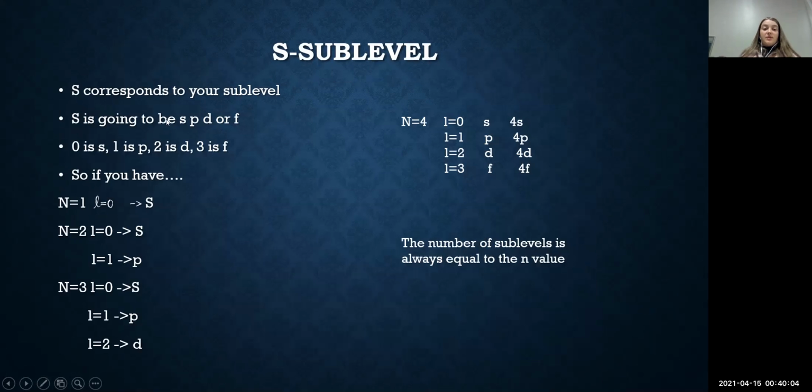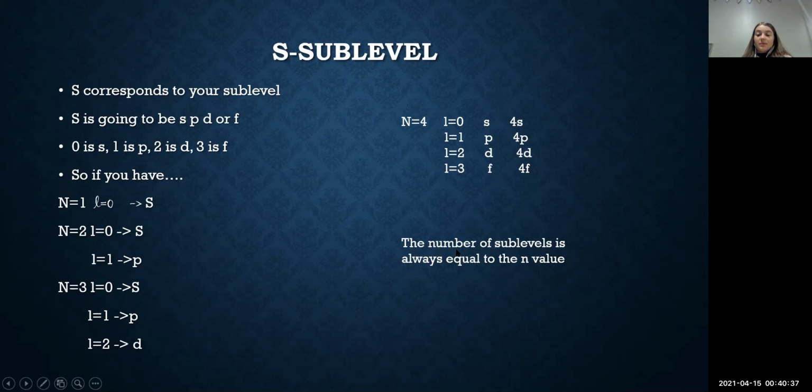So we have S, P, D, or F. 0 is S, 1 is P, 2 is D, and 3 is F. So these are basically what we talked about with L. It's just another way to describe it. So this is your subshell, whereas N is our actual shell. Subshells, and then these correspond directly to your L number, basically just a code for your L number.